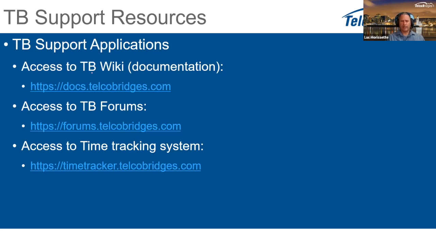Other resources that we have: the wiki, we talked a lot about that. We didn't show it that much in this training, but all the latest information is on the wiki. We update it almost daily with new information.